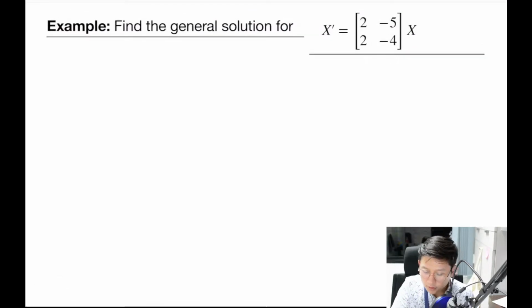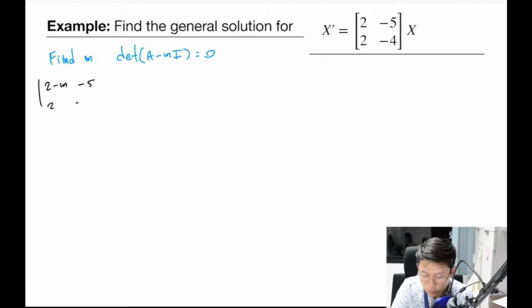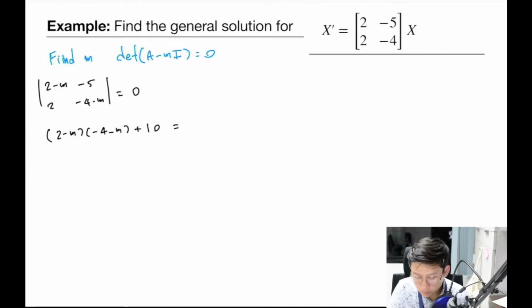So first, we need to find m, or eigenvalues, using the characteristic equation. So we have 2 minus m, minus 5, 2, 4 minus m equals 0. So we have (2 minus m)(minus 4 minus m) plus 10 equals 0.